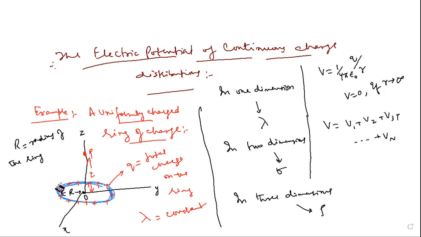What is the procedure? We select an element of the ring which has charge dq, which is little r distance from point P, right? So let dV be the electric potential at point P due to dq.